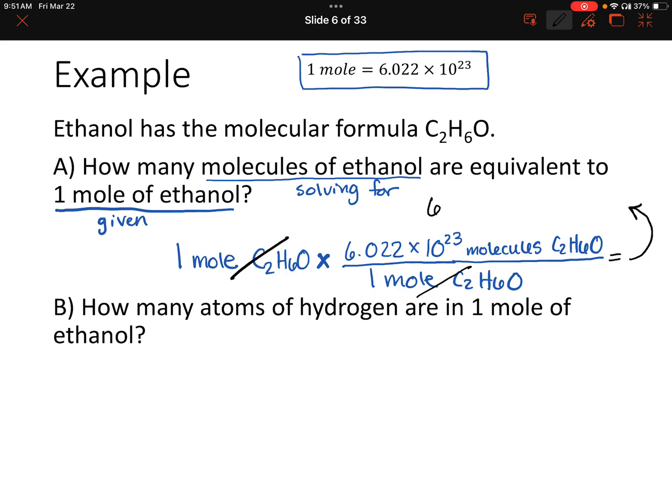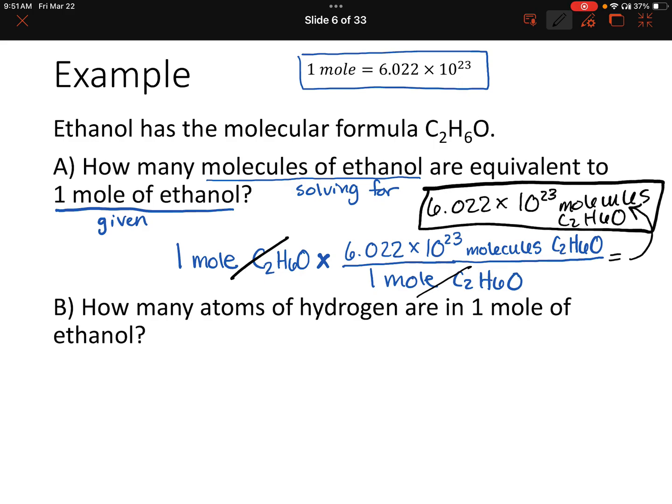The answer will just be 6.022 times 10 to the 23rd molecules of C2H6O. Super easy, right? We didn't even really need to set up dimensional analysis for that one. We could have just known that 1 mole of something is equal to Avogadro's number. But it's always good to get practice with dimensional analysis.